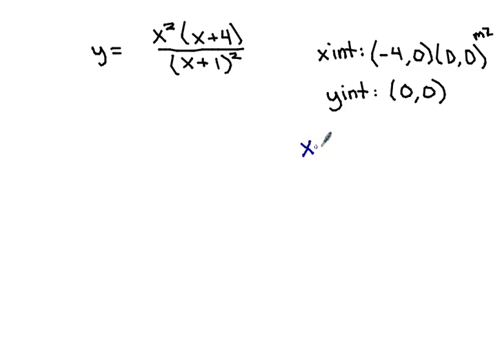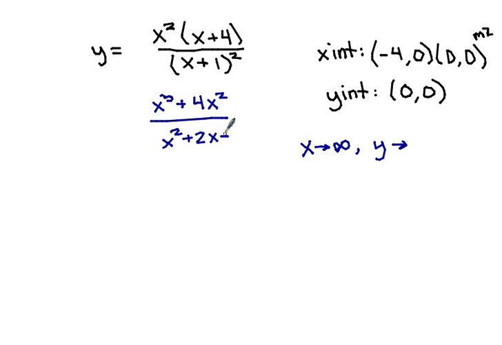So as x approaches infinity, so as x gets really big, what is y doing? So x approaches infinity, y approaches what? In this case, if we multiply it out, we'd end up with an x cubed plus 4x squared over x squared plus 2x plus 1.